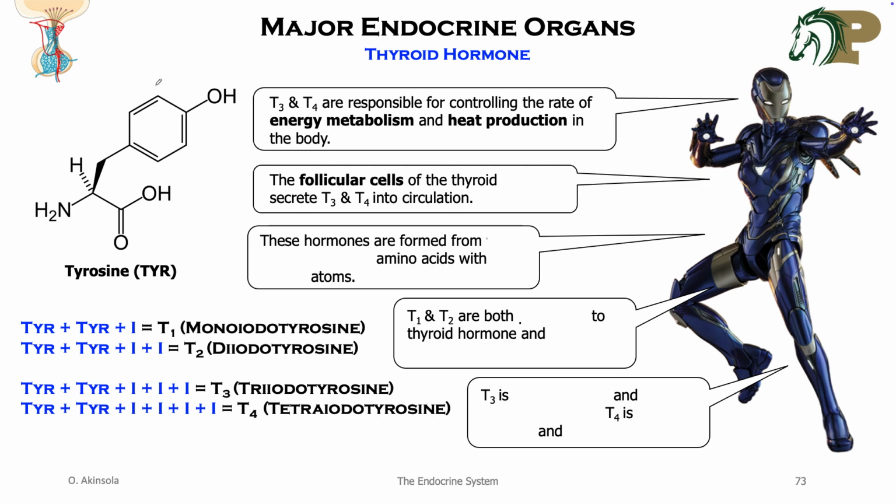The follicular cells of the thyroid will secrete T3 and T4 into circulation. These hormones are formed from 2 linked tyrosine amino acids with iodine atoms. So essentially what happens is you take 2 tyrosine molecules, you attach an iodine, and you get T1, or monoiodotyrosine.